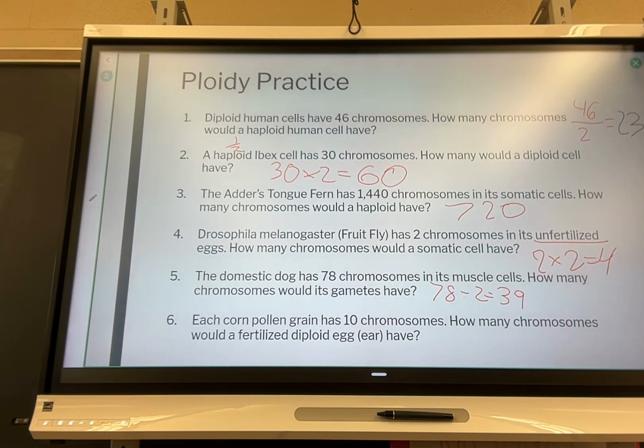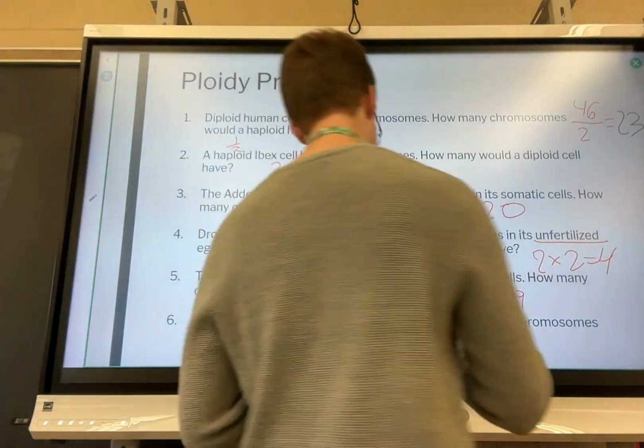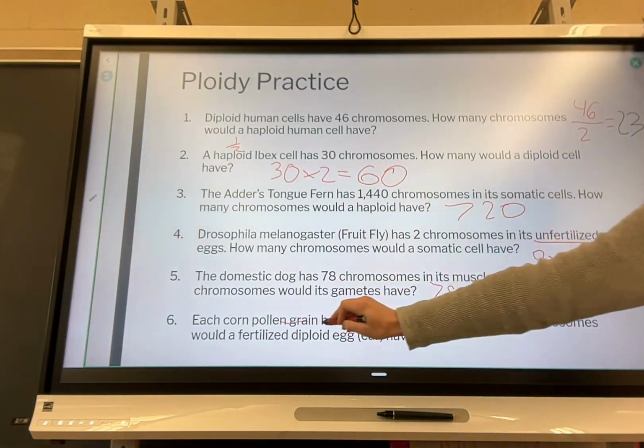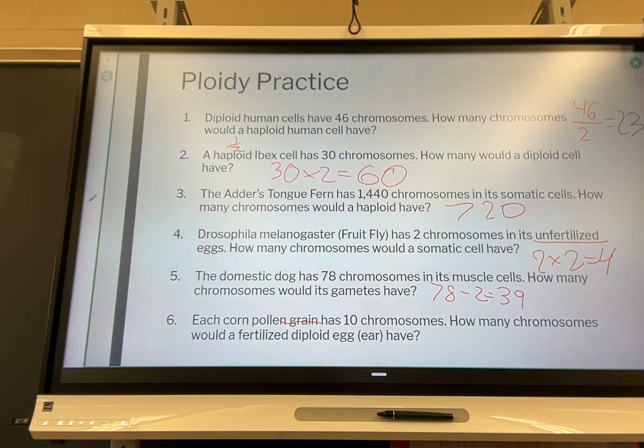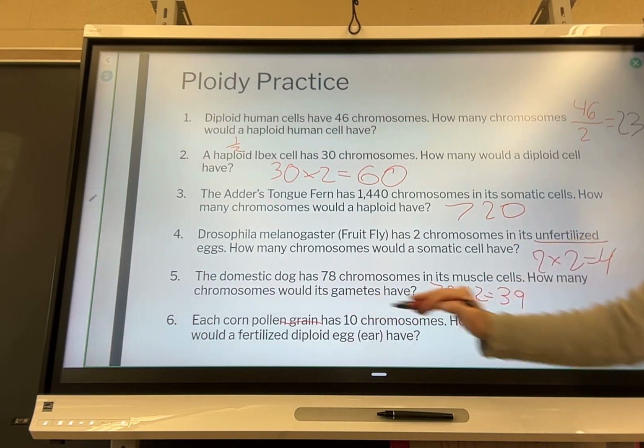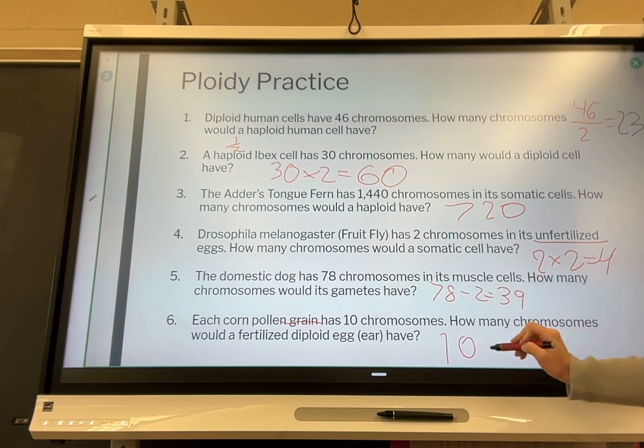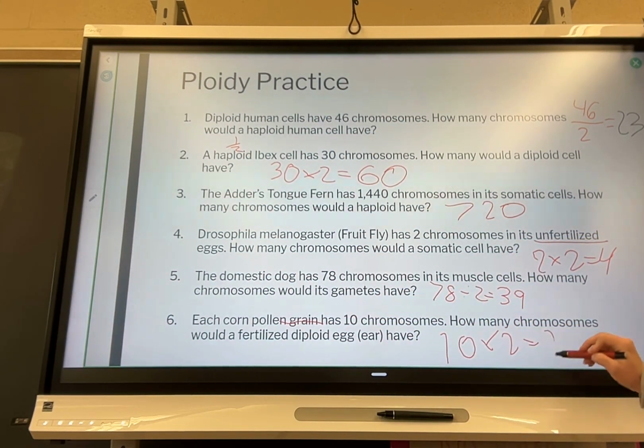How many chromosomes would a fertilized diploid egg or an ear have? 20. So we're starting with pollen grains. Pollen grains are the reproductive cells, in this case the sperm of corn. So 10 chromosomes times 2 equals 20 chromosomes.